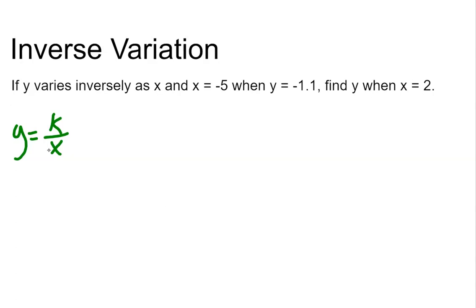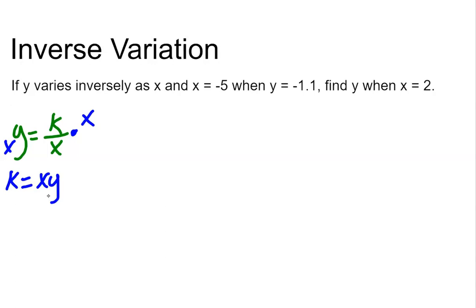Now I can rewrite this formula just like I rewrote the direct variation by solving for the constant. So to do that, I'm just going to take my x, to get rid of my denominator. I'm going to multiply it by x on both sides. So now I have the constant equaling xy.